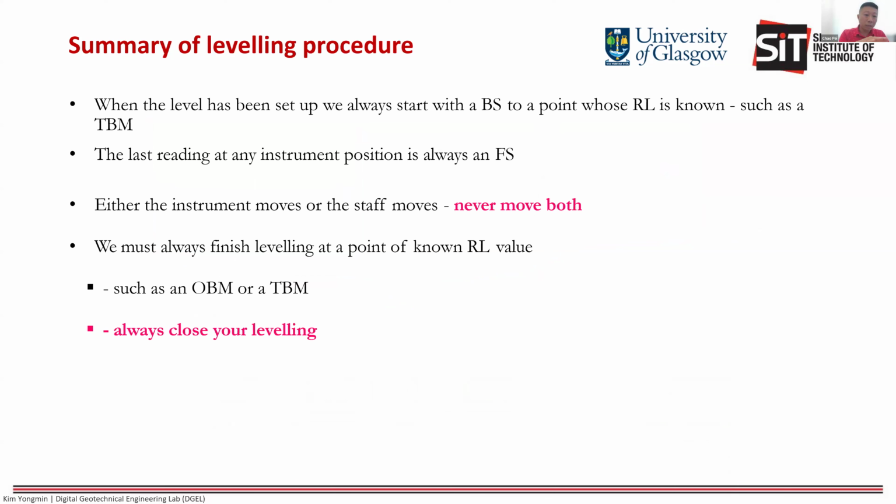The last reading at any instrument position is always the foresight, and whatever is in between is the intermediate sight. Then every time, either you only move the staff or only move the instrument. Don't move both together. Otherwise, you won't have a change point and you cannot transfer the levels correctly.